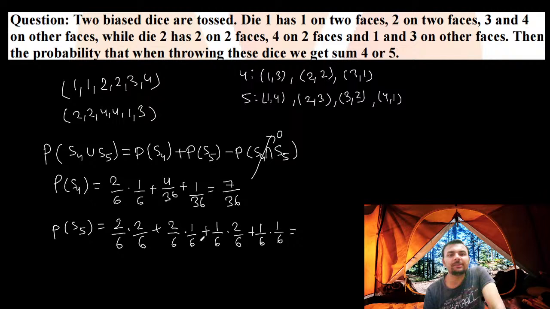It is nothing but 4, 2, 6, 2, 8, 1, 9, so 9 by 36. If we add P(sum 5) and P(sum 4), it is 16 by 36, which is 4 by 9. This is the answer.